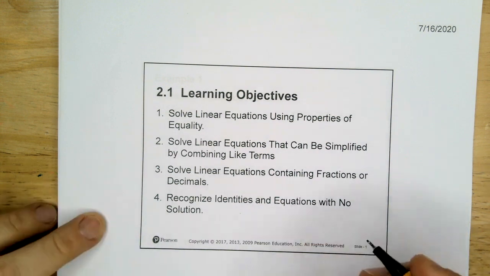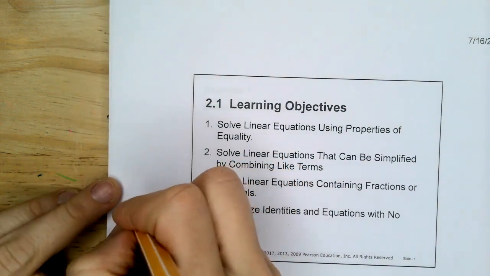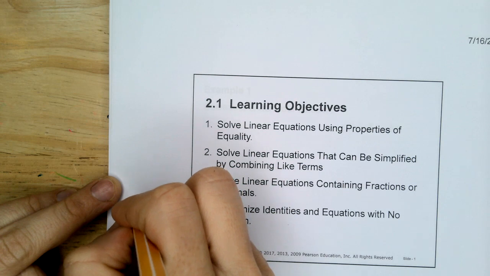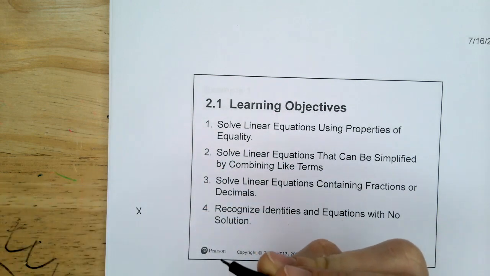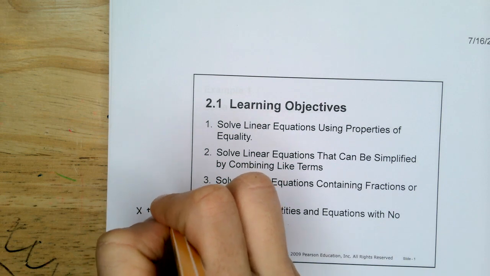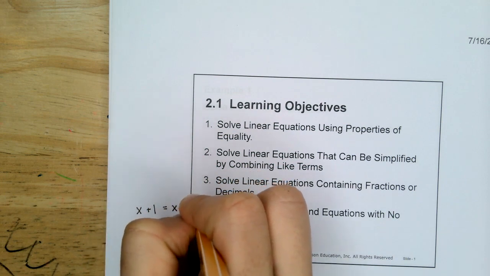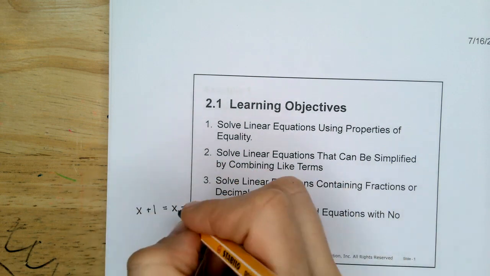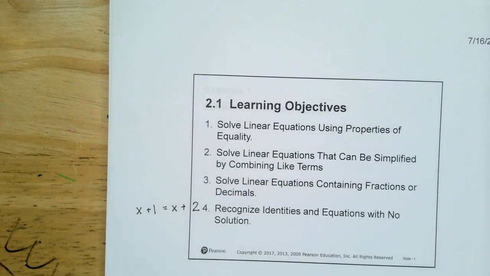if you had no solution, it would be x plus 1 equals x minus 2. Or x plus 1 equals x plus 2, even simpler, okay?